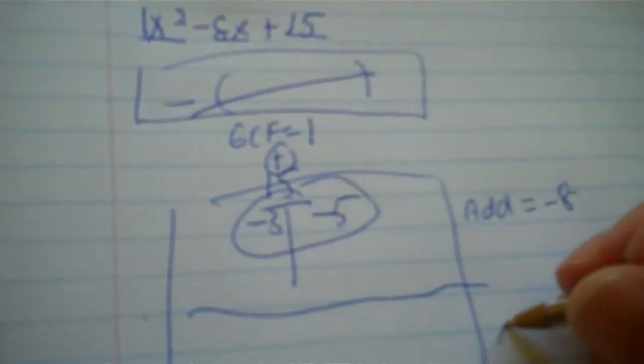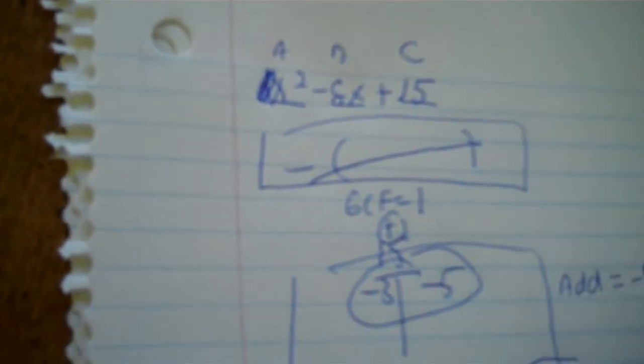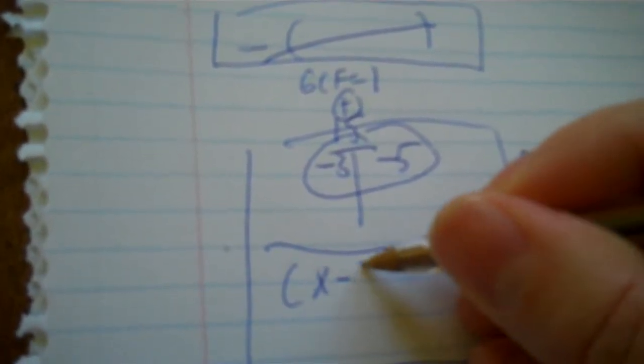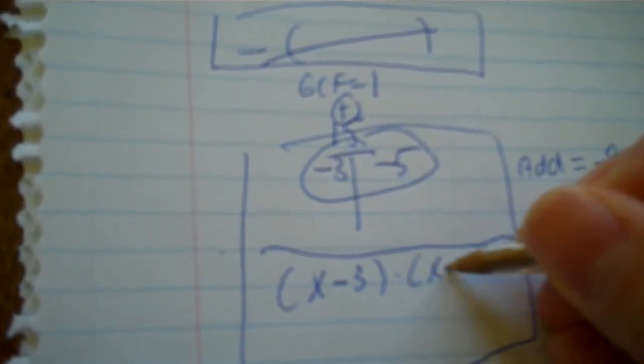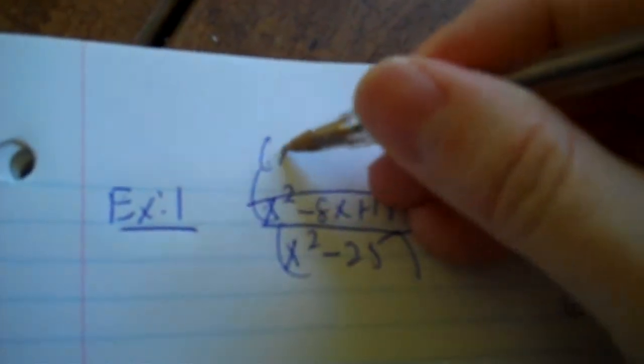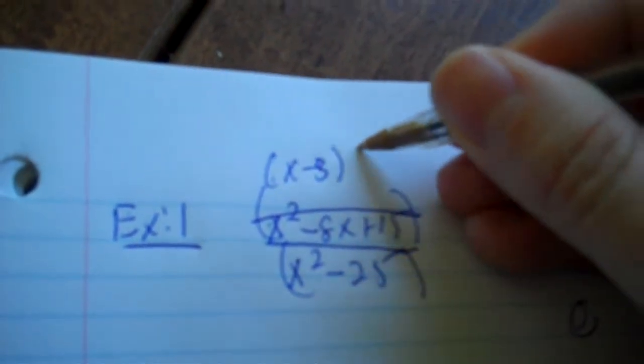And if you divide 15 by 3, you get 5. Now your A is a 1, so you can just drop the 1 from the expression and write 2 parentheses with x minus 3 times x minus 5. So I've taken that and rewritten it: x minus 3, x minus 5.